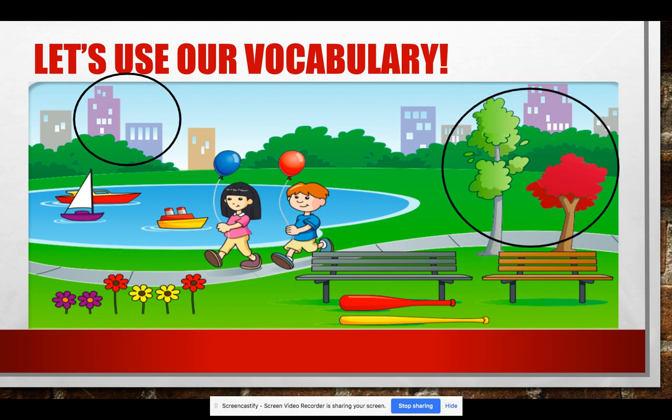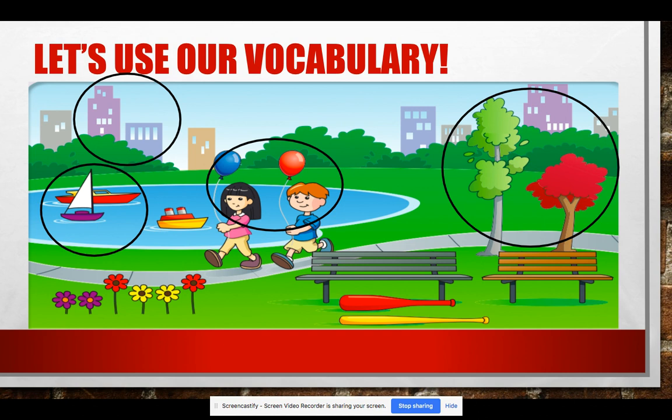I could also say that the red tree is shorter than the green tree. Let's look at their hair. I could say that the girl's hair is longer than the boy's hair. I could also say that the purple boat is shorter than the red boat.